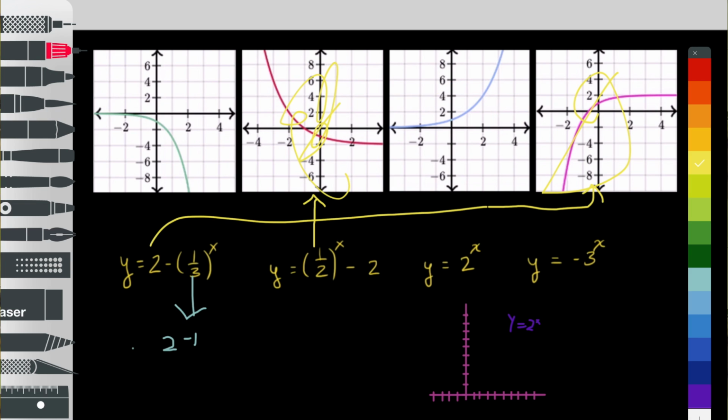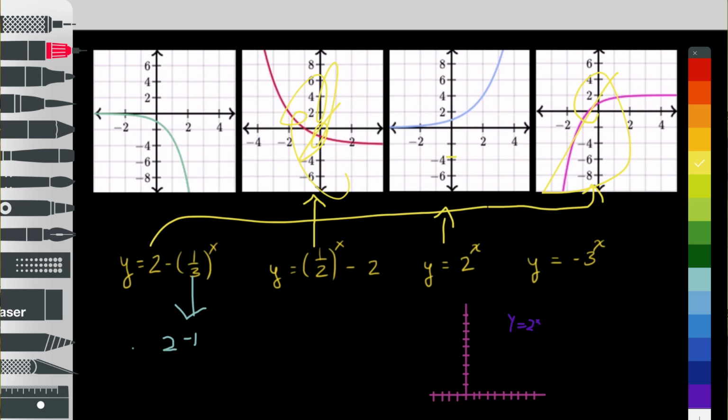But how do we prove it? Well, we can try out different values of x. So let's try x equals 0. When x equals 0, 2 to the 0 is just going to be 1. So y would equal 1. When x is 0, y is equal to 1. Yeah, that's true. So this one is also right above.